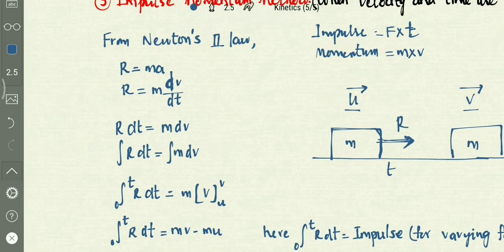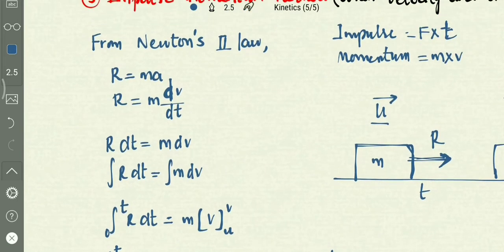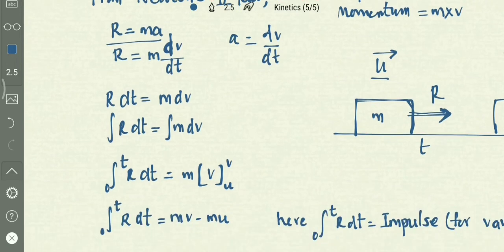Then R is equal to m into a, we know that by Newton's second law. Acceleration can be written as rate of change of velocity, right? So if we take dt this side, R into dt is equal to m into dv. Integrating both sides, we get integral R dt equals integral m dv.